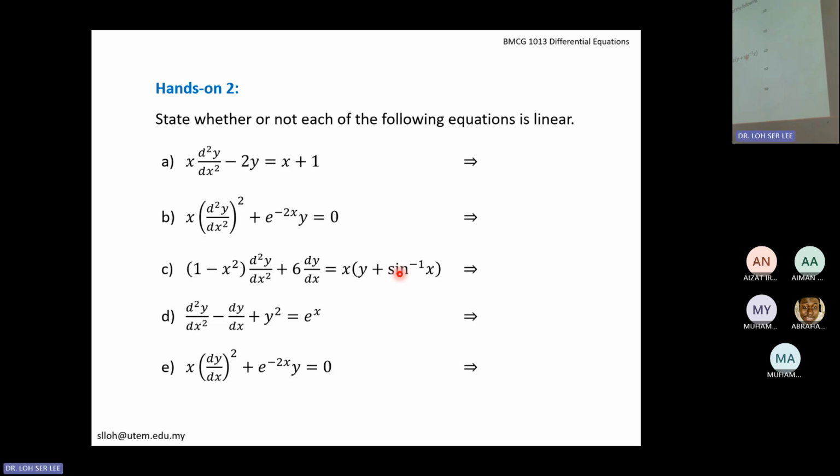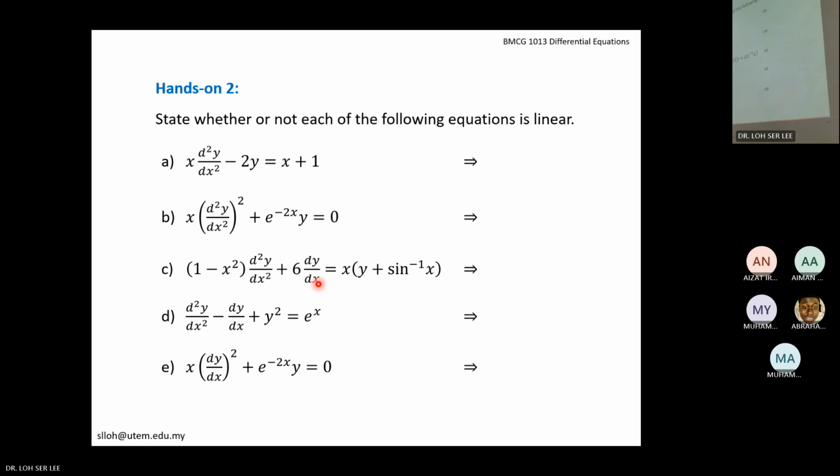No, x arcsine x, we leave it at the right-hand side, because it doesn't contain any y, just like this one. It stays on the right because it does not multiply to any of the y. You don't see any y here. The one with dependent variable, we let it stay on the left. The one without dependent variable stays on the right. So you have to know what is dependent variable, what is independent variable.